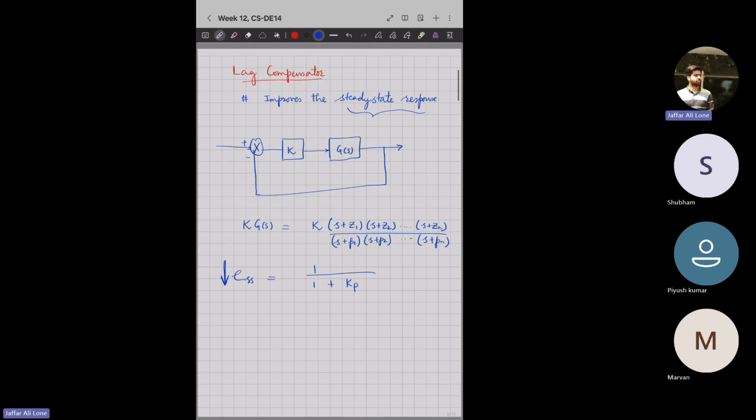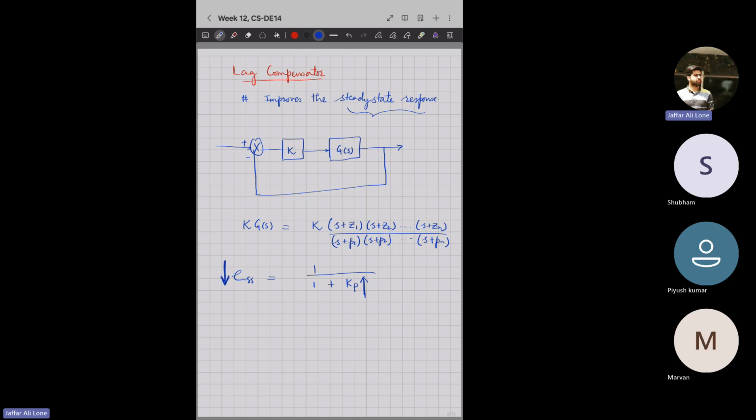So how will we make this ESS less? By increasing this term, so somehow we increase this Kp, this gain. That's why we take these compensators into consideration. So this is a lag compensator.